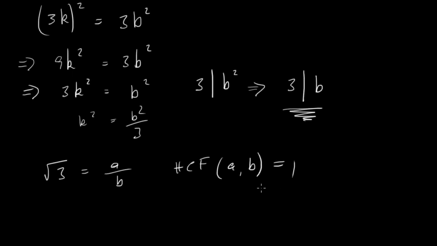But now we've shown that that's actually not the case. There is a higher number than 1, i.e. 3, that will divide into a and also divide into b. So that contradicts our initial assumption. So that's our proof by contradiction that the square root of 3 is in fact irrational.